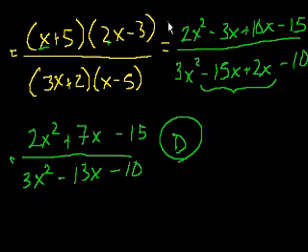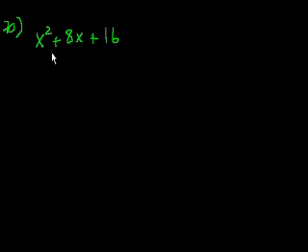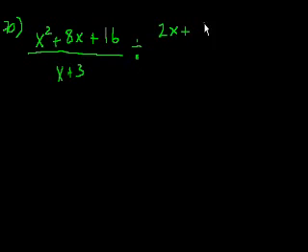Problem 70. Boy, they want us to keep this up. This is good practice. So they write, x squared plus 8x plus 16 over x plus 3 divided by 2x plus 8 over x squared minus 9.